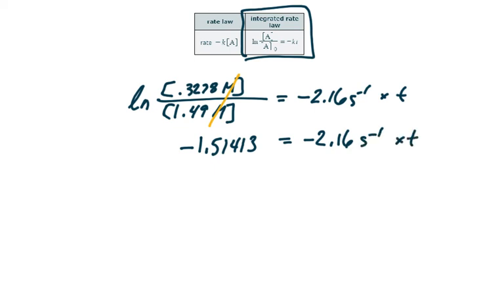Well, how do we get t by itself? We divide both sides by negative 2.16 seconds to the minus 1.